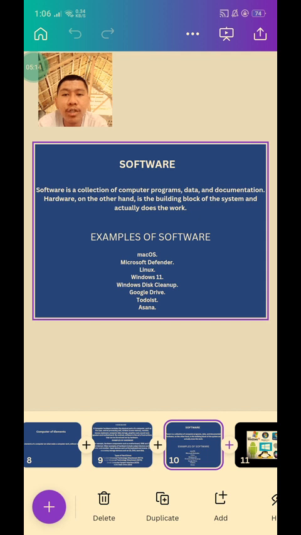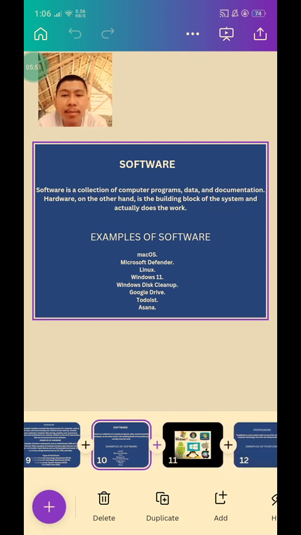Software. Software is a collection of computer programs, data, and documentation. Hardware, on the other hand, is the building block of the system and actually does the work. Examples of software: Mac OS. Mga example daw po ng mga software: Microsoft Defender, Linux, Windows 11, Windows Disk Cleanup, Google Drive, Todoist, Asana.